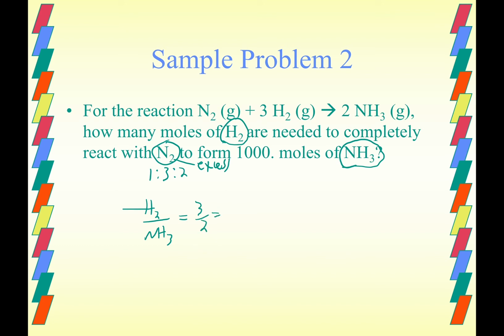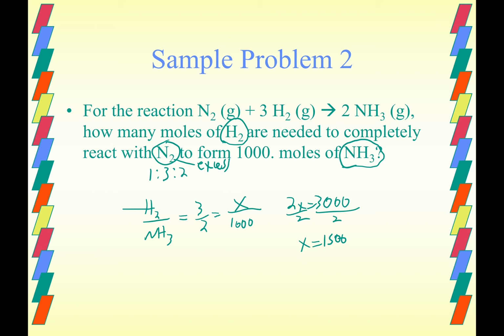Now if we set that equal to the change, keeping the same species on top and on bottom, if we now had 1,000 moles of NH3, how much H2 do we need? We cross multiply, we get 2x equals 3,000, divide by 2, x equals 1,500.